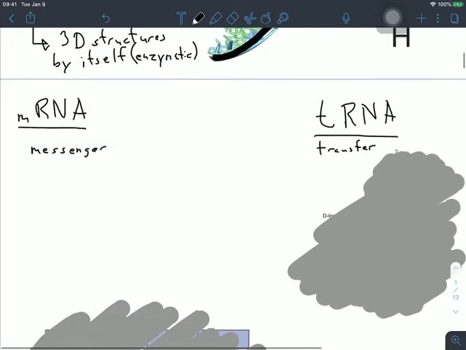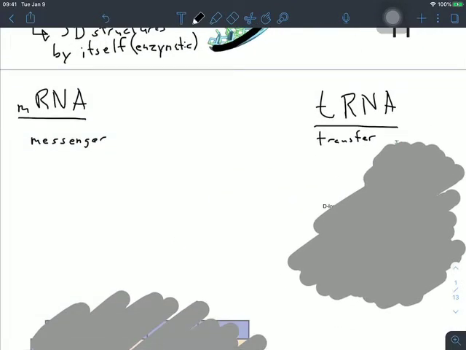Let's go over them one at a time here to highlight some of their differences, because they're all made in that same transcription process, but what they do is very different, though it does intersect in the process of translation. Each of these RNA components, mRNA, tRNA, and rRNA, will reunite to complete the process of translation.